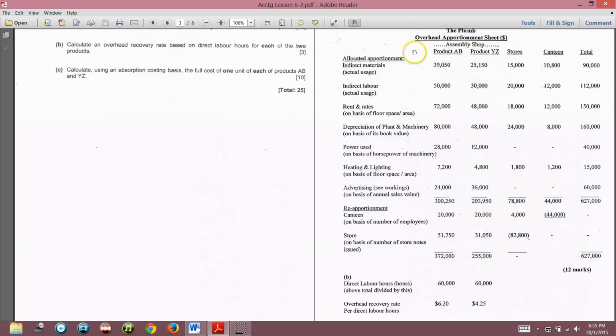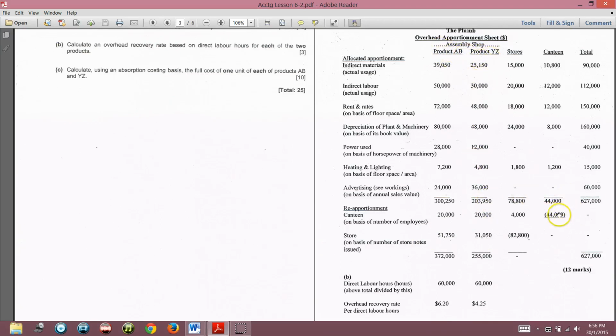So the whole purpose of this is to allocate all the indirect overheads to these two profit generating or revenue generating products.